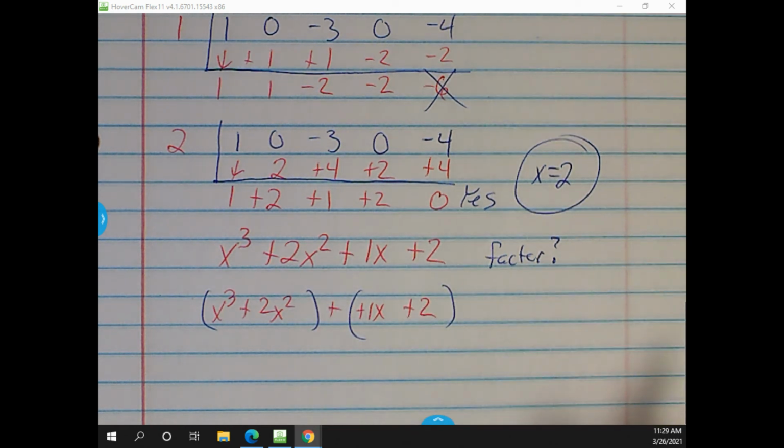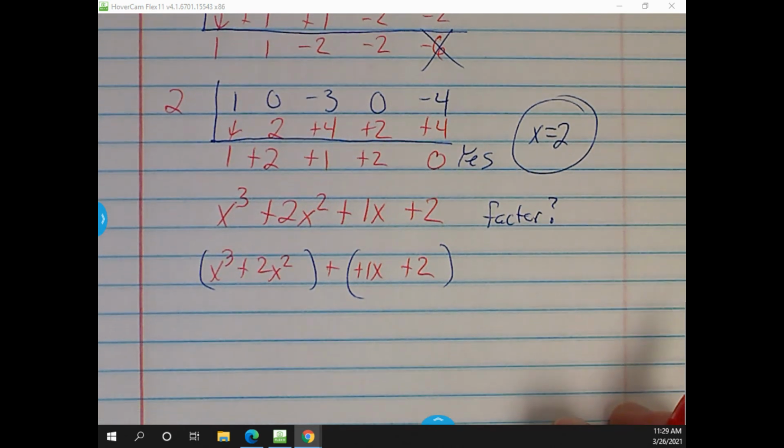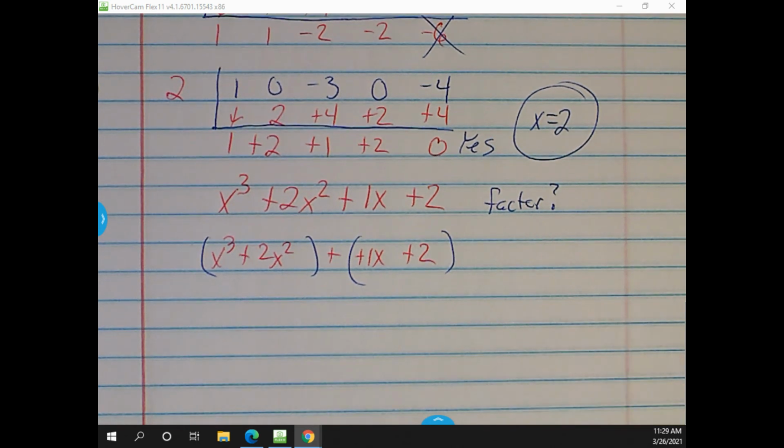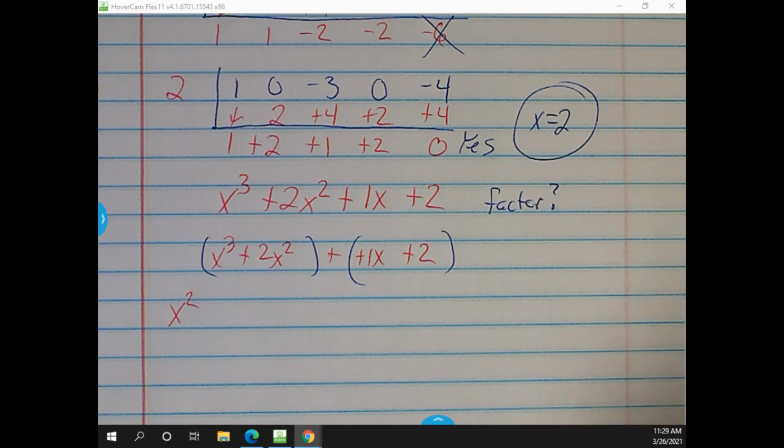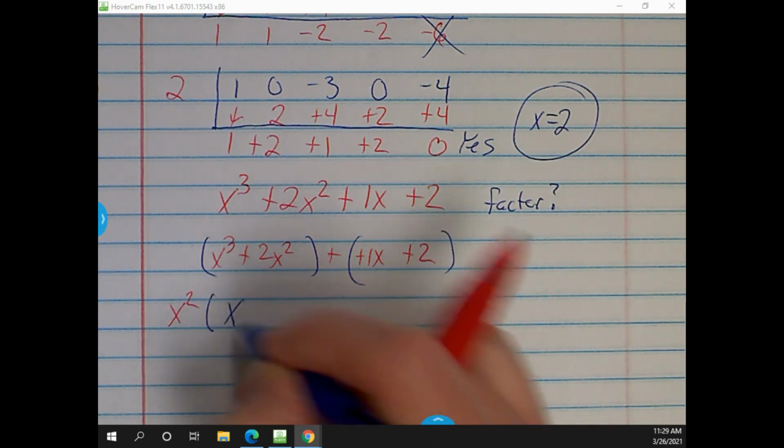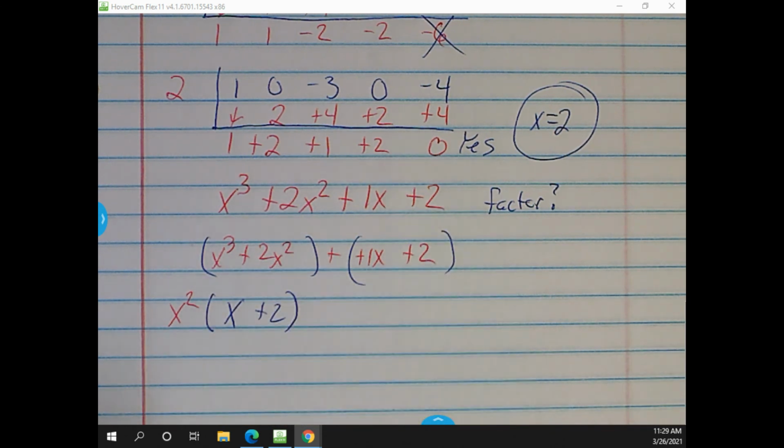So we've got x to the third plus 2x squared plus the 1x plus the 2. All right, x to the third, x to the second, we can take out an x squared. And then leave you with an x plus 2. Again, this is what we talked about the other day, but it never hurts to remind it: if you get here, you've already got x plus 2, and this one's already x plus 2.